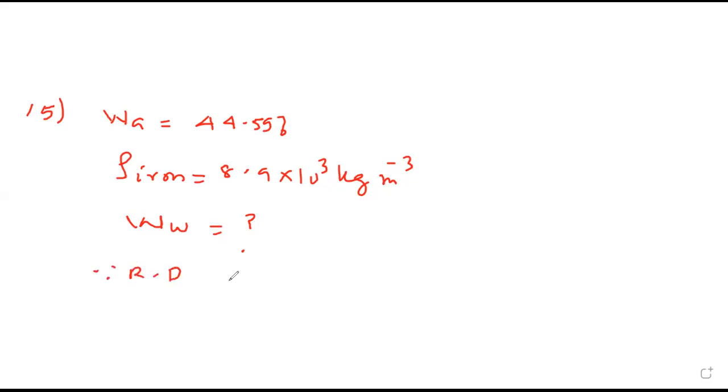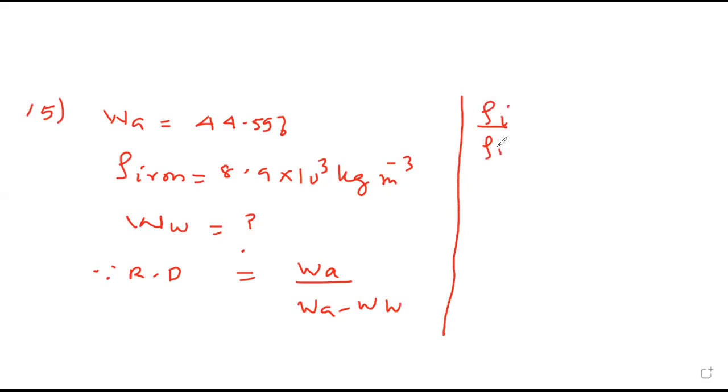Relative density is weight in air upon weight in water. Relative density means density of iron upon density of water, which is weight in air upon loss of weight.